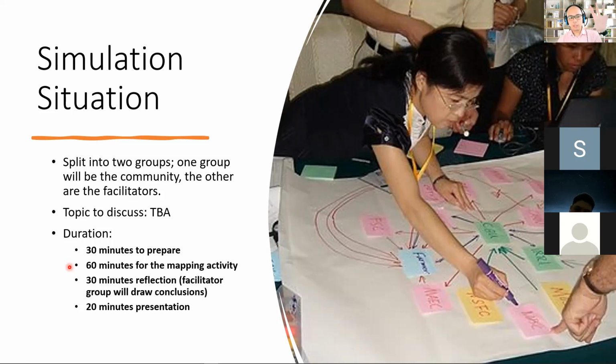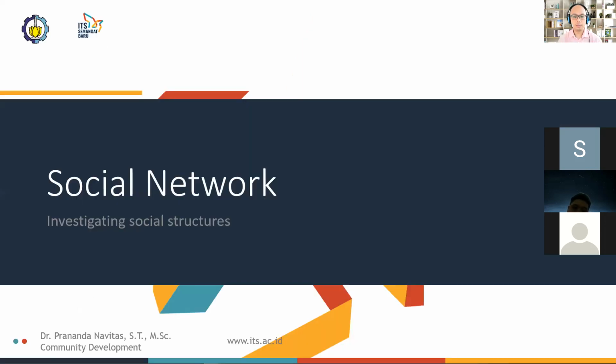That's pretty much going to be a whole session. Therefore, if we're going to do it today, there's not going to be enough time. So instead, we'll roll on and I'll talk a little bit about social networks.